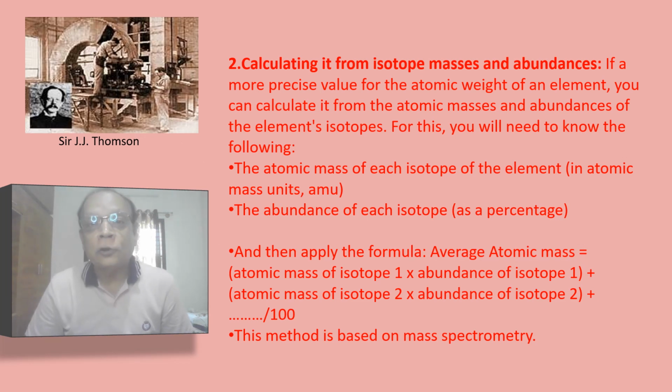We can calculate atomic weight or average atomic weights from isotopic masses and their abundances.